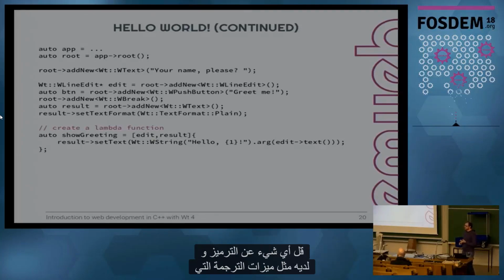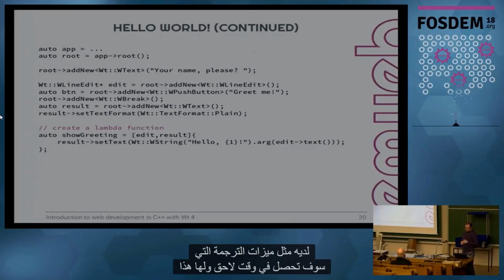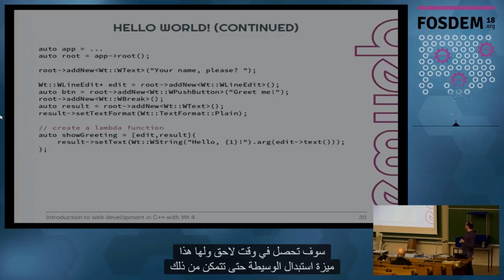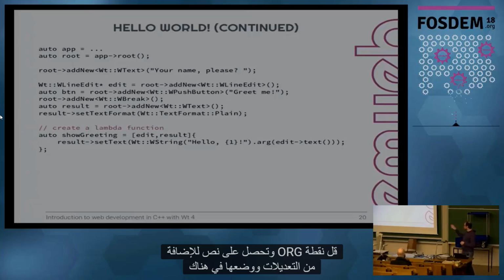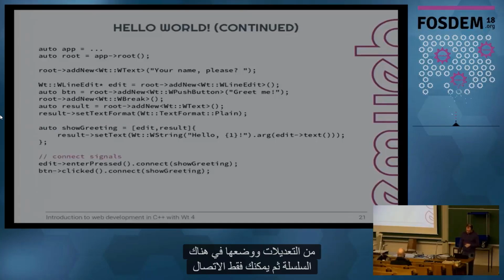And it has localization features, which I'll get to later. And it has this argument substitution feature, so you can say .arg, and you get the text from the edit and put it in there in the string.